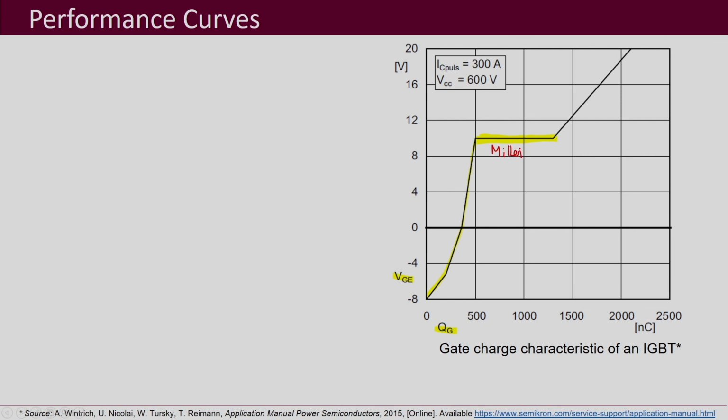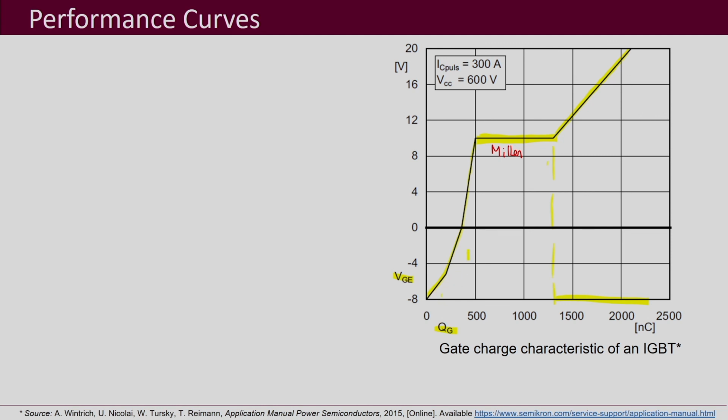After the Miller period is over, which is over here, the leftover voltage goes up, because the gate emitter voltage has to match the gate driver's voltage, and the charge associated with that is supplied accordingly.